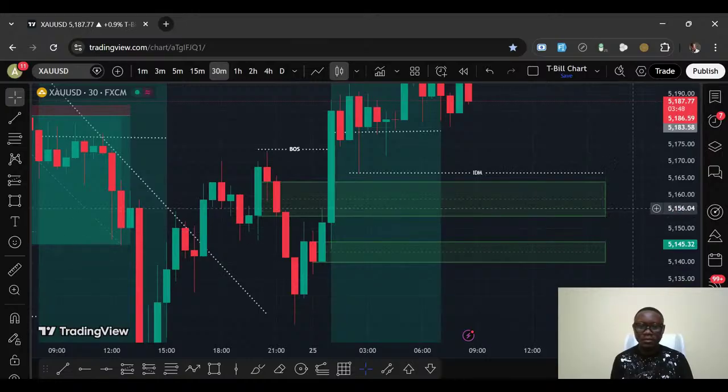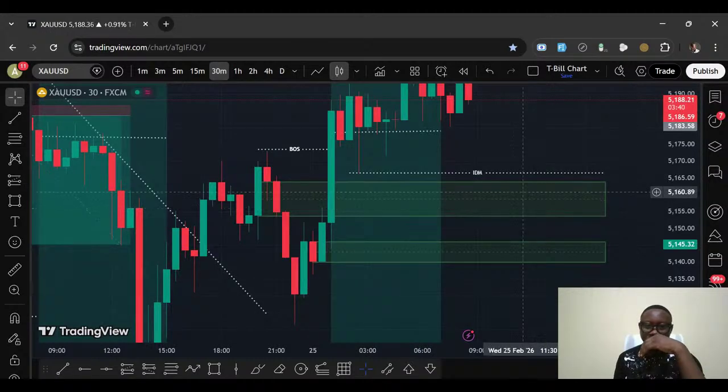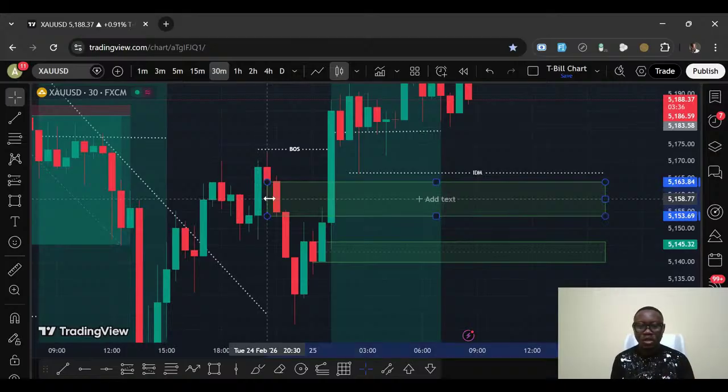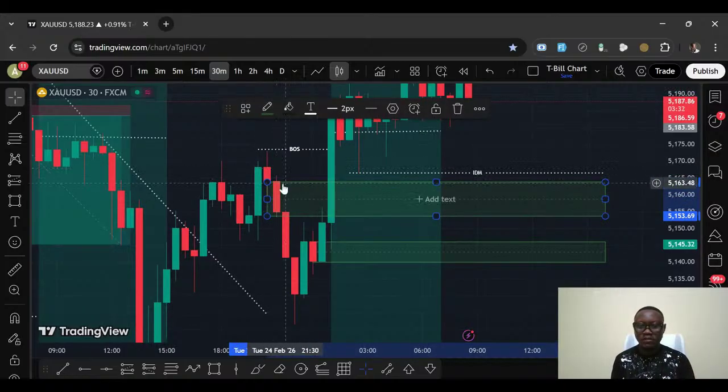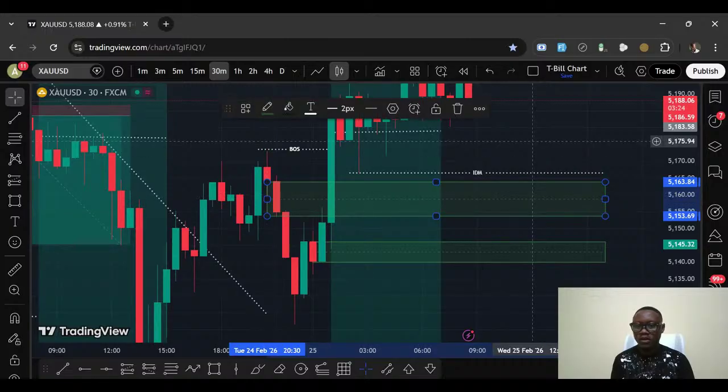For my breaker block, I'll maintain the existing breaker block, which I drew from the 1H time frame. This breaker block right here is invalid.